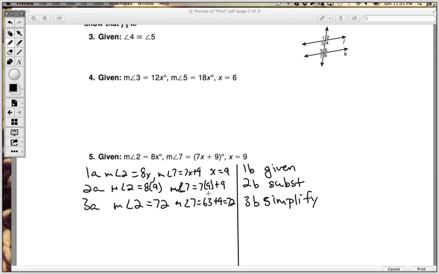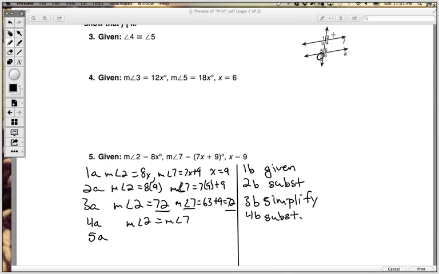Okay, this is cool because they're both equal to the same thing, so that tells me I can say that they're equal to each other. Measure of angle 2 equals measure of angle 7, and that's again just a substitution. I substitute this 72 degrees for angle 7, and then I get it. So substitution.